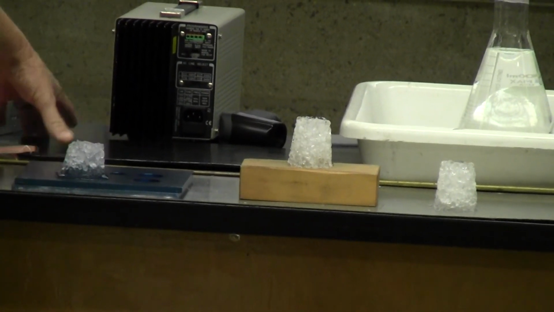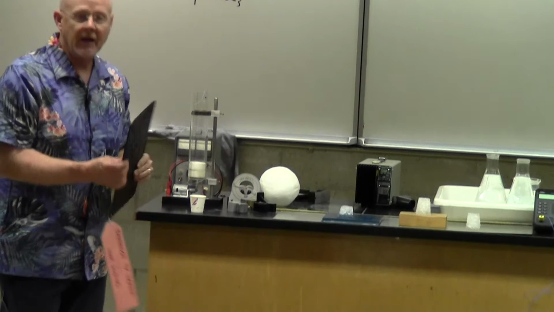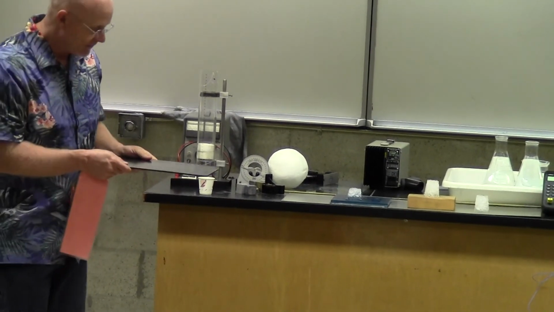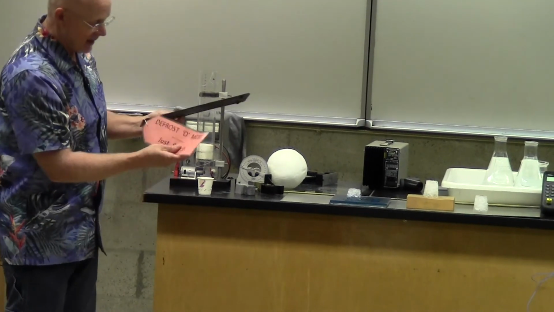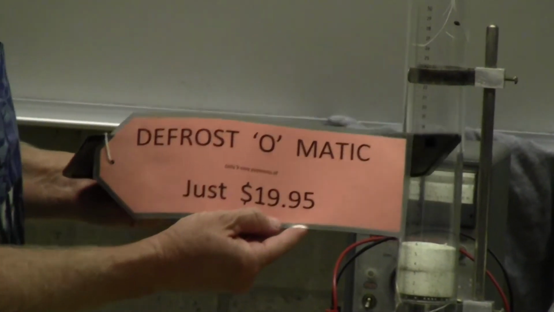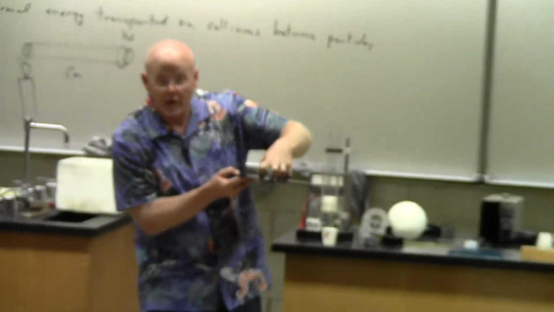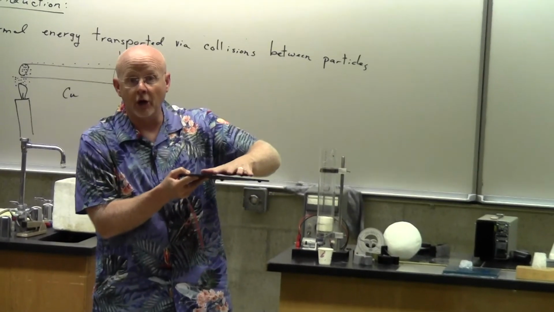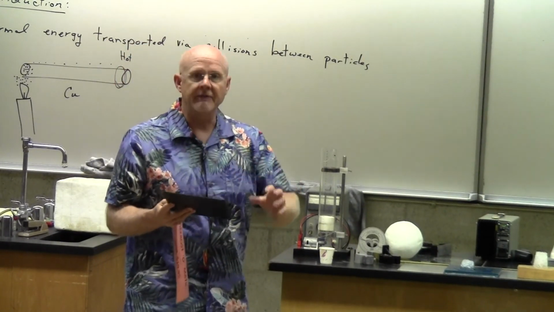It's why I couldn't resist buying one of these infomercial things. I saw this infomercial, and for $20 it was this magical, the Defrost-O-Matic. And all they had to do for 20 bucks is buy this. And you put your frozen chicken on here, your frozen burrito on here, and within a couple minutes, it's defrosted.